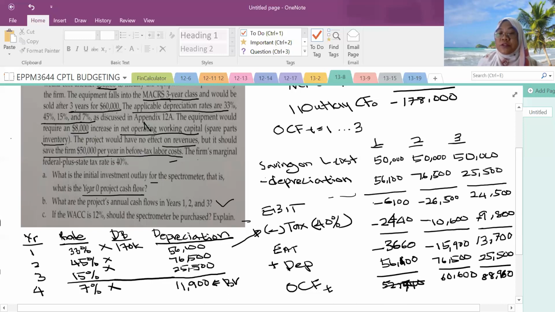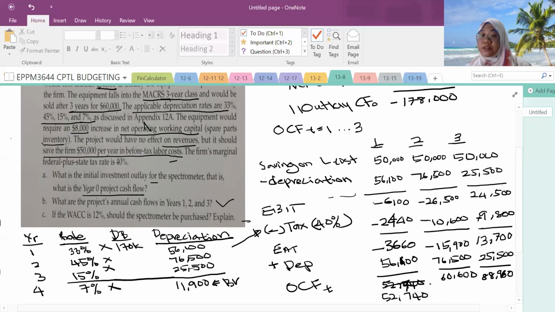Okay, so let me just rewrite, right? You will have 52,740, and then for the second cash flow, you'll have negative 15,900, and then plus 76,500.